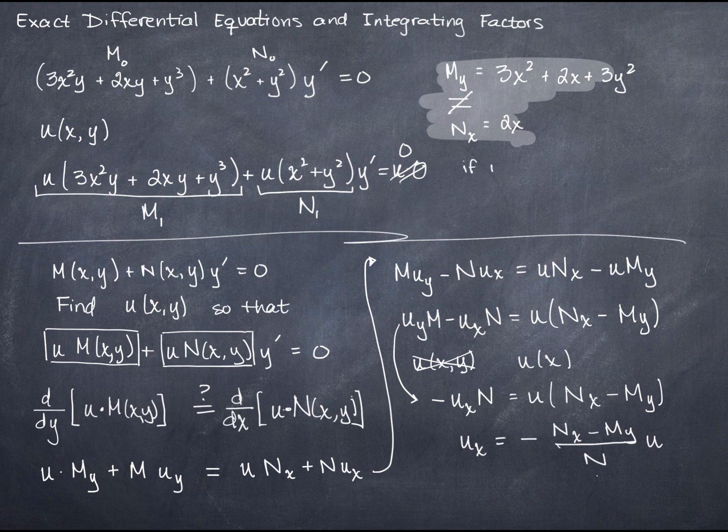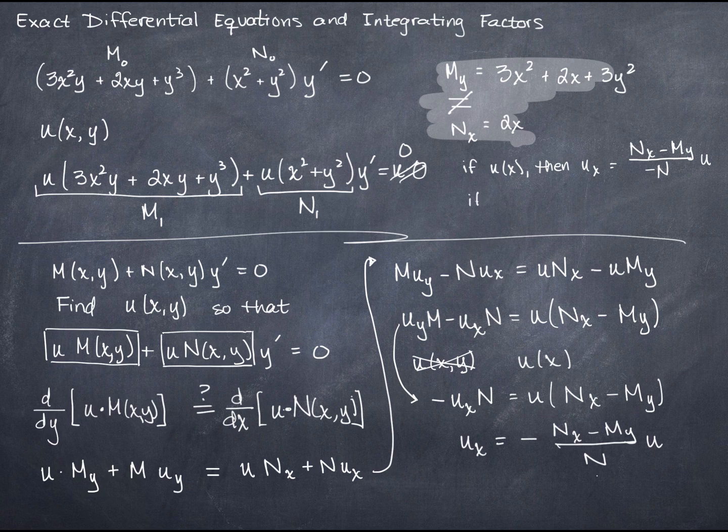So I'm going to write this here. If u is only a function of x, then u sub x is n sub x minus m sub y over, I'm going to write this as negative n, and then times u.